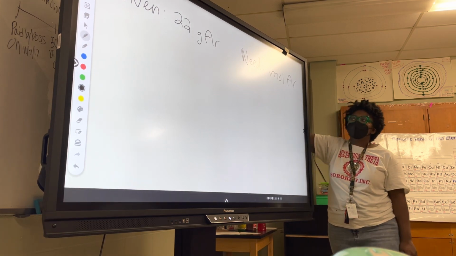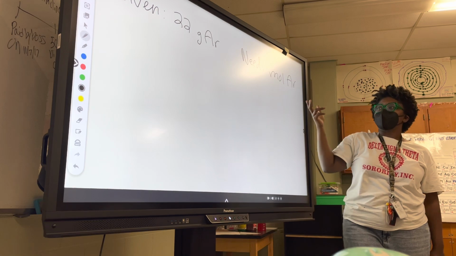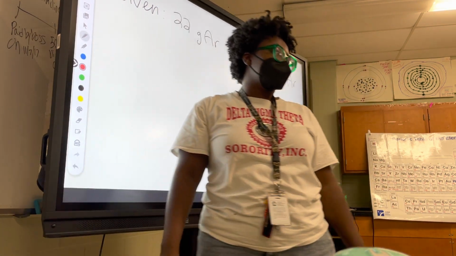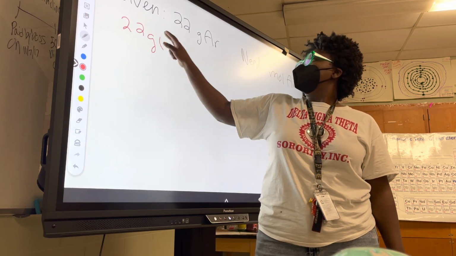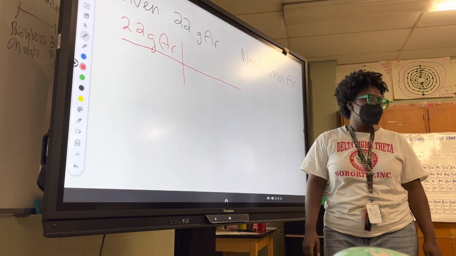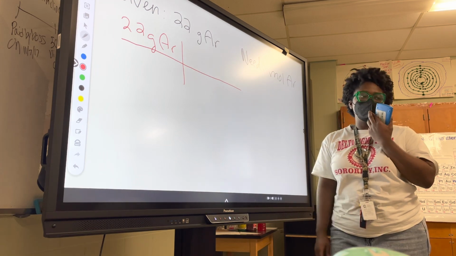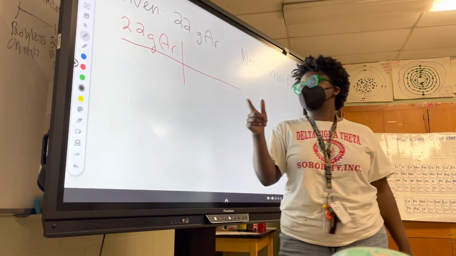All right, I need to convert something because I have grams of argon and moles of argon. So let's start our T-table. What do I always start off with? The given. Good. 22 grams of argon. Because I have grams of argon up here, what do I have to have in the basement next door?